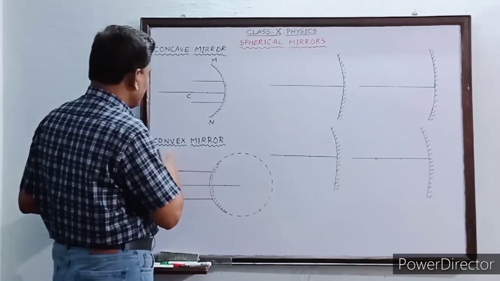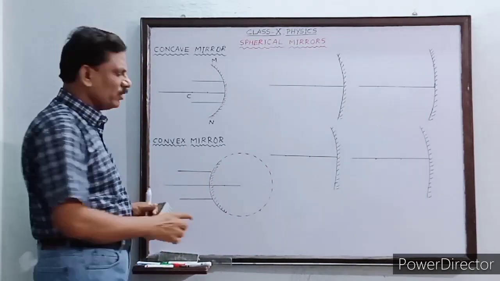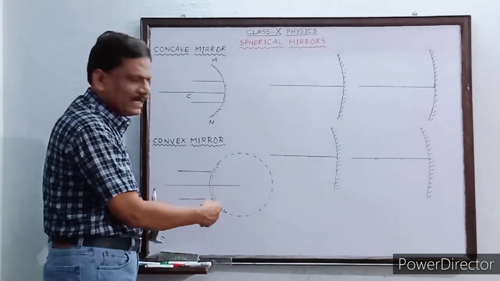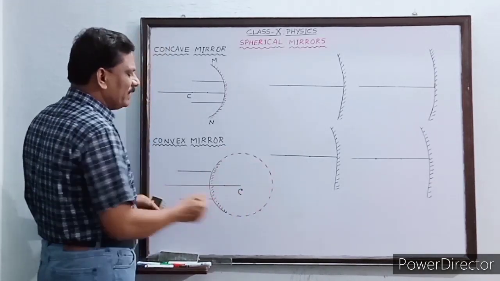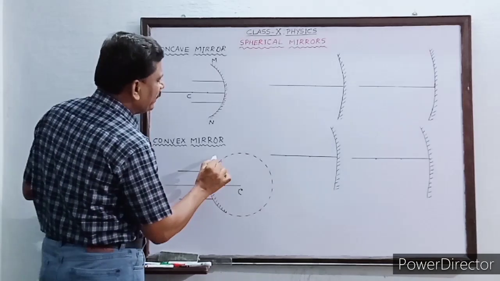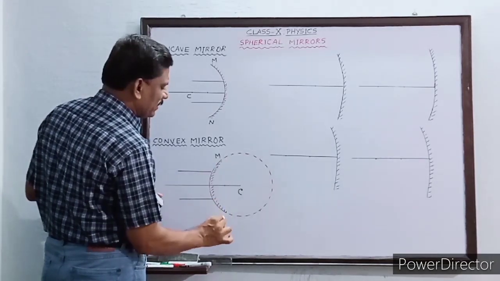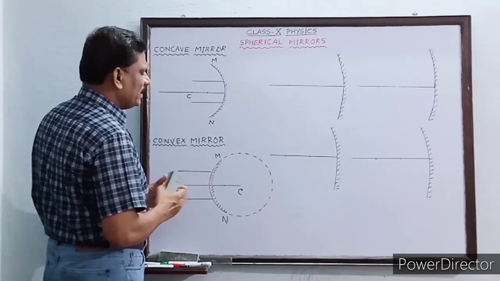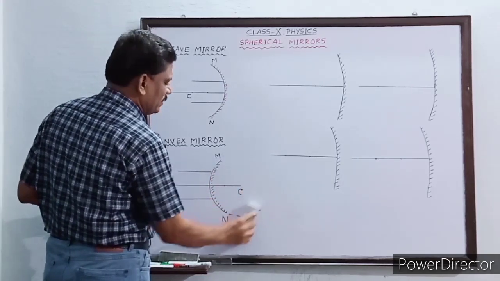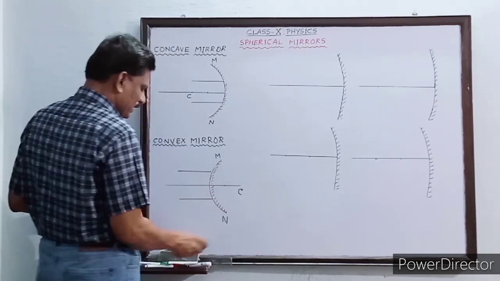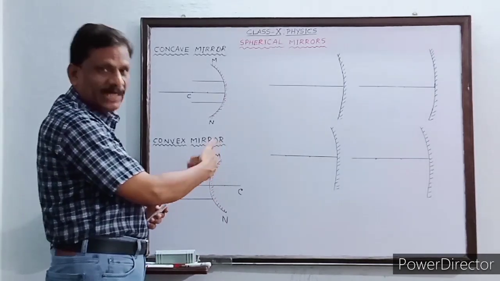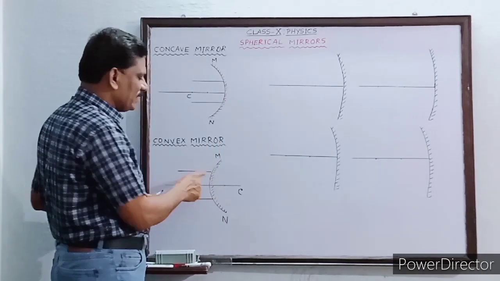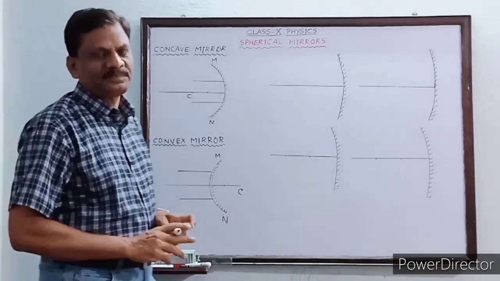In the other case, the convex mirror, you can see a full sphere and the center of the sphere, and out of this the mirror portion MN, the reflecting portion, is cut out of a sphere like this. The type of mirror in which the reflecting surface is bulged outwards is called a convex mirror.